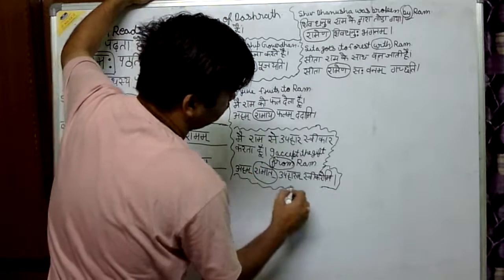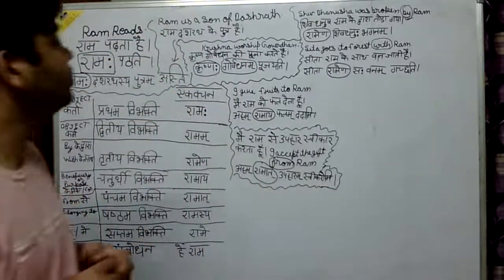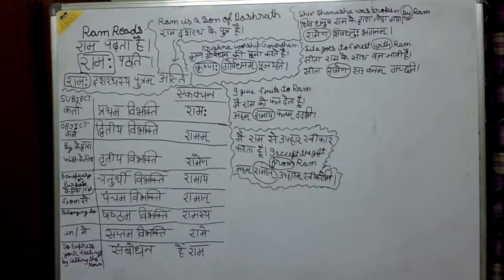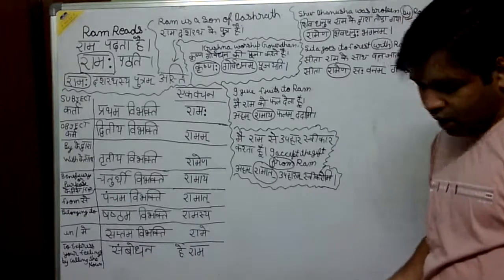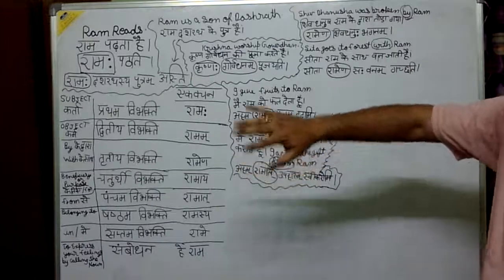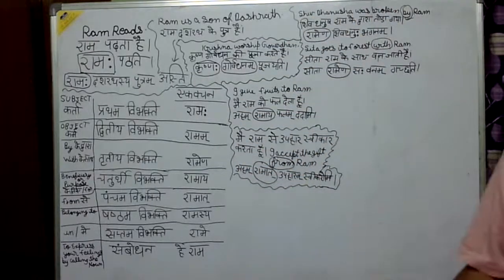Because we have only learned the Shabda Rupas. We have not focused on the verbs. Okay, so only focus on how I am writing the subject and object in the different sentences.